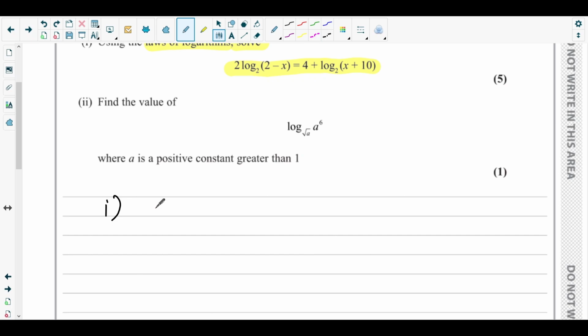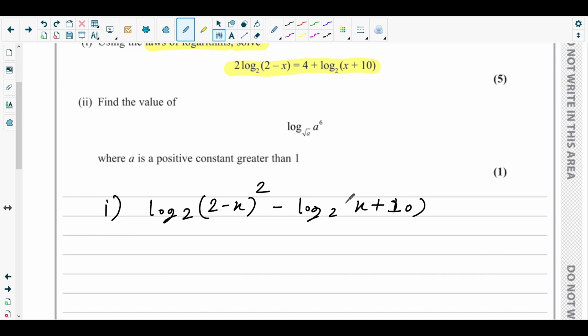Log 2 minus x, using the power rule, can be written as log of (2 minus x) whole squared. We can take the coefficient to the power, so negative log 2 of (x plus 10).